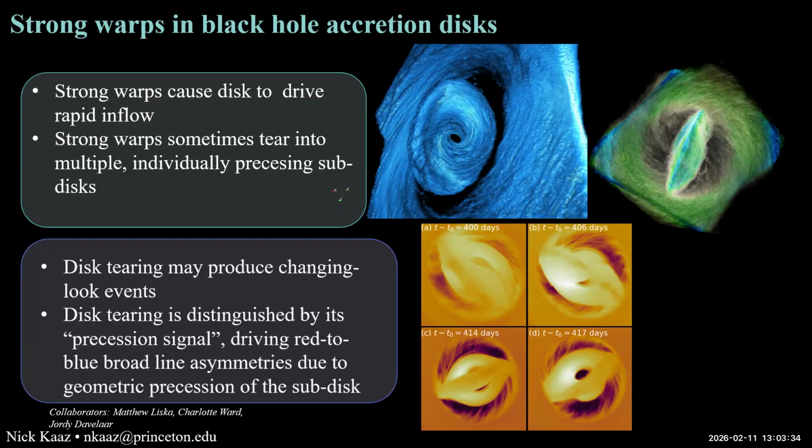This is very close to horizon scales. There are people who have looked at warps on much larger scales. You can easily imagine geometries where other things drive the warp, like nuclear star clusters, such that you can only see part of the broad line region while you're missing the central engine. So I think there are connections there, but specifically this mechanism, even though I like when it explains things, the timescales would not work.